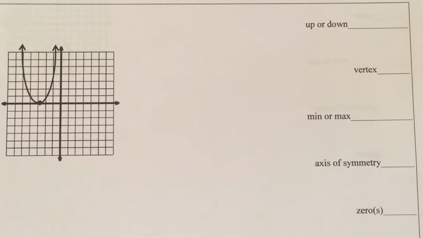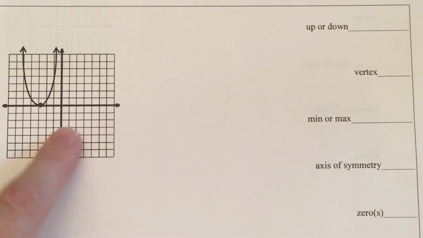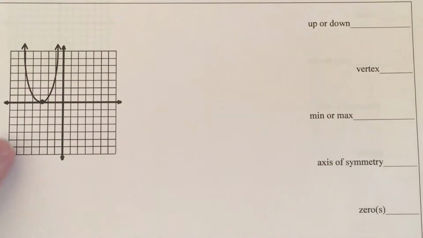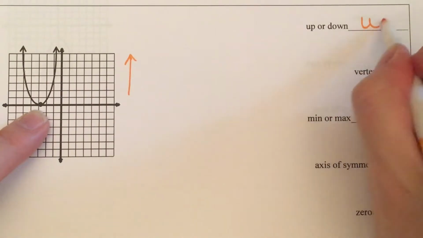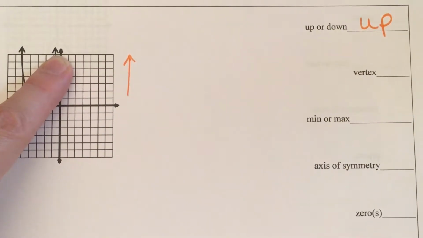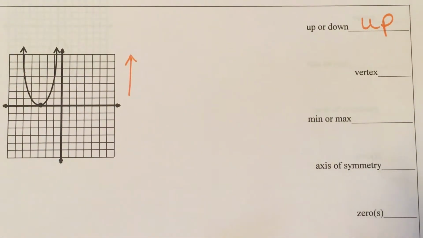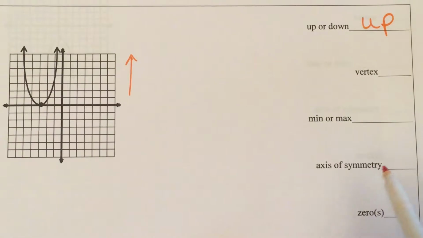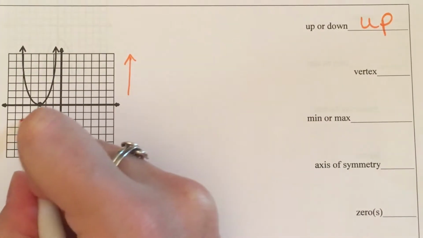Problem number 1. We are given a graph. Great. So very quickly, which direction does this open? Oh yeah, it opens up because the arrows are pointing up. Great. Now, the vertex. Your vertex is a coordinate point, and we're labeling here on our picture.